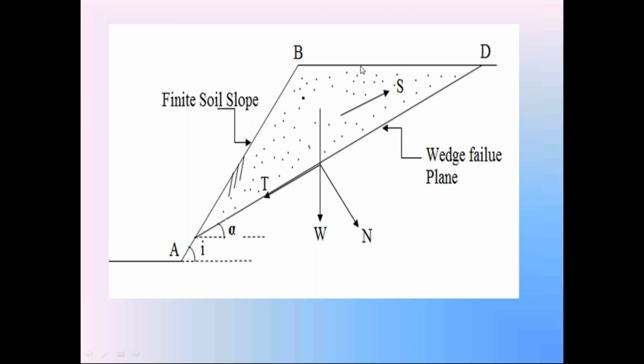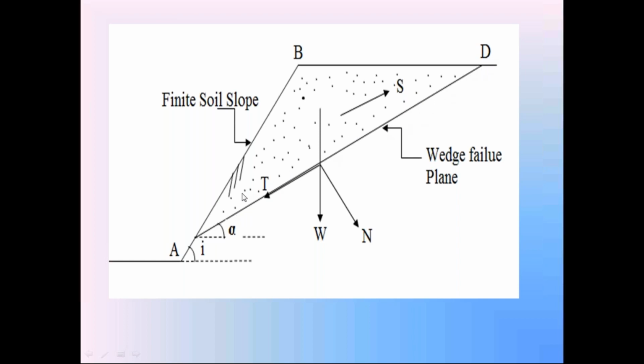Because this shear strength force is acting on the surface AD, because it is the failure surface. It is acting upward, resisting the failure, and T is acting downward, causing the failure. So this capital S is equal to capital C plus N into tan phi. So this capital C is equal to small c into the length of this failure surface AD.